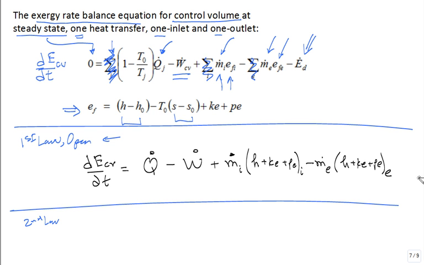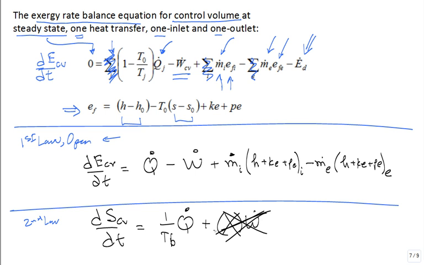So there you go. How about the second law, the entropy balance, the rate of change of entropy in the control volume with respect to time? Hey, it can flow in with the heat. 1 over T_b. Remember that? Right, right. And then what about the work? Anything with the work? Nothing with the work. It doesn't flow with work.